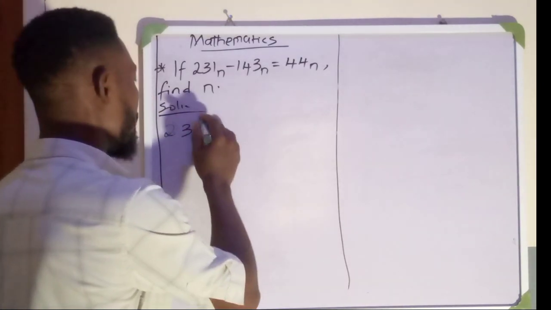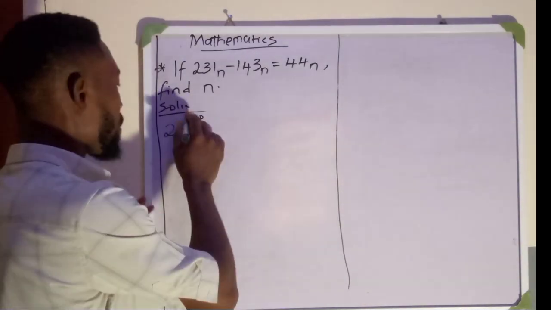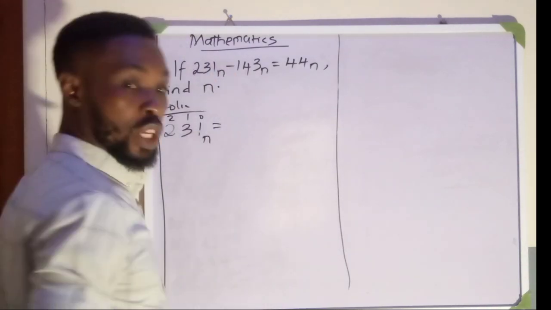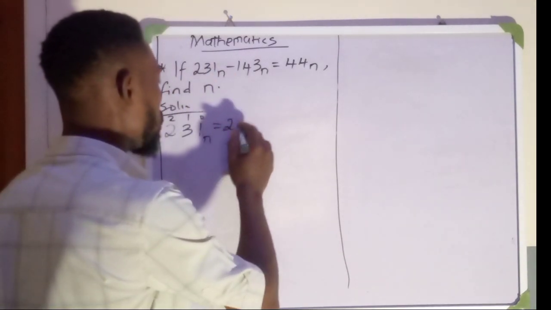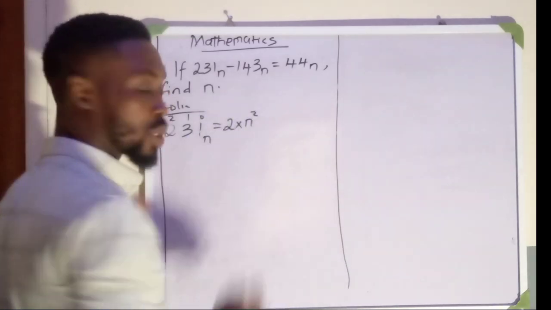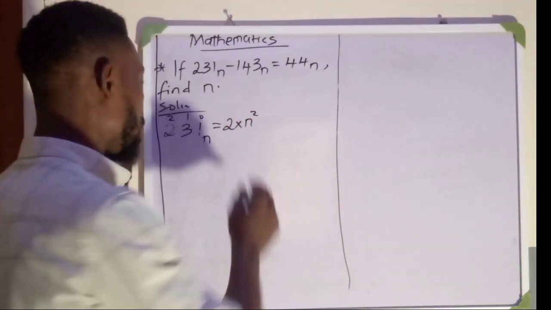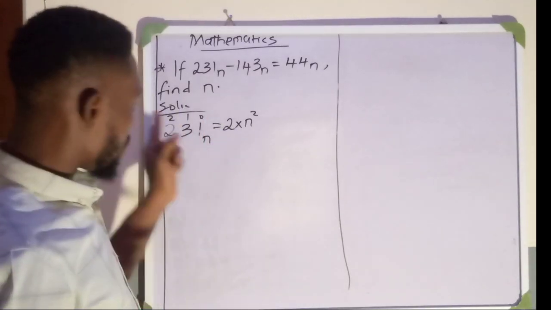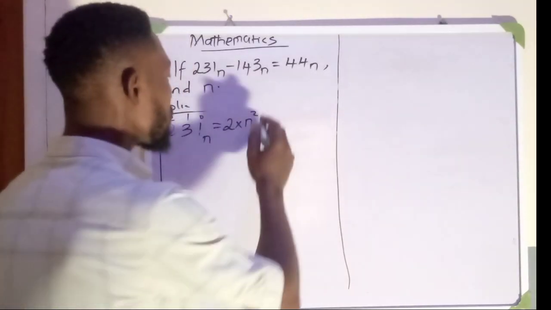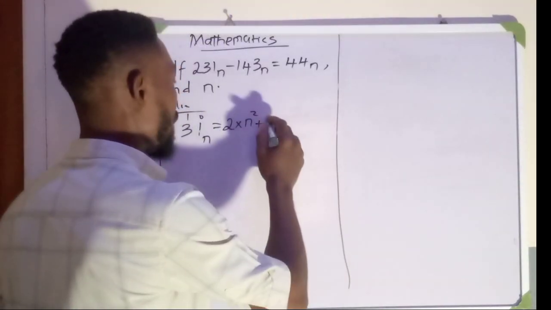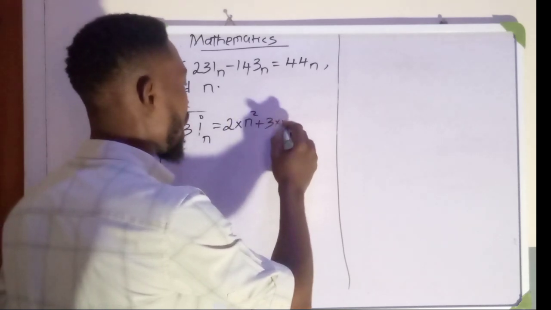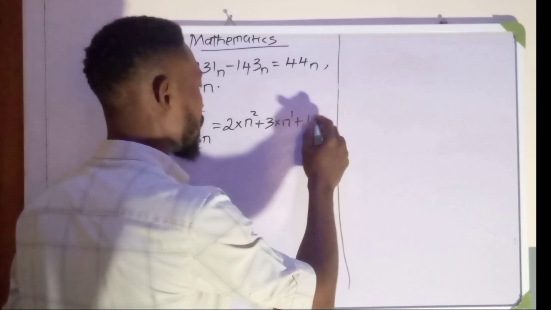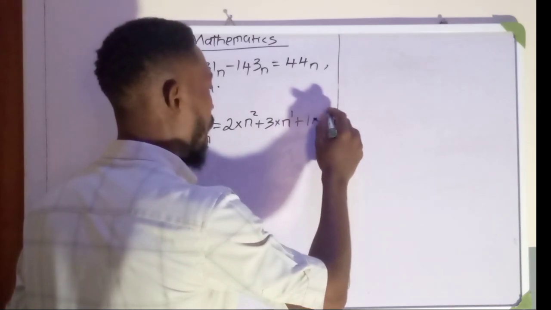231 in base n. This will have power of 0, power of 1, power of 2. So this number is the same thing as 2 times n raised to the power 2, of course, n is the base, plus 3 times n to the power of 1 plus 1 times n to the power of 0.